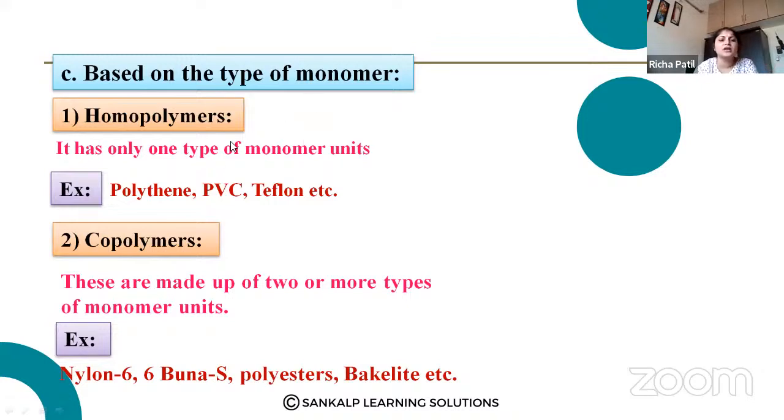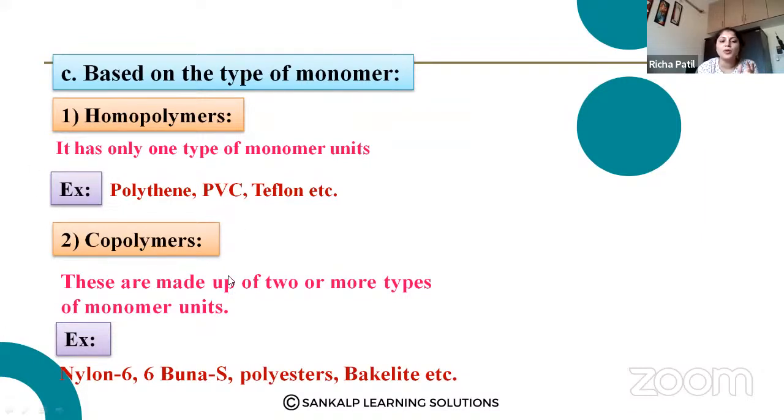Examples are polythene, PVC, Teflon, etc. This one type of monomer unit keeps on repeating to form your homopolymer. You have to remember the examples for this classification.